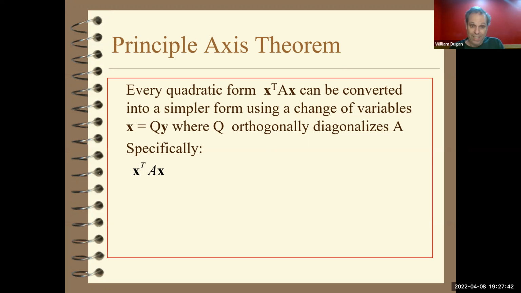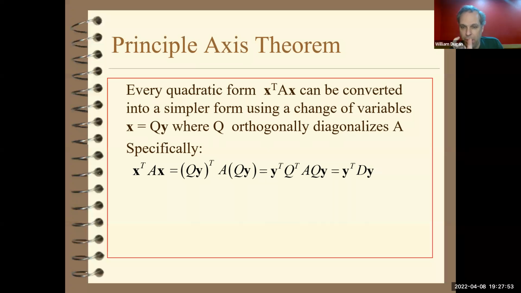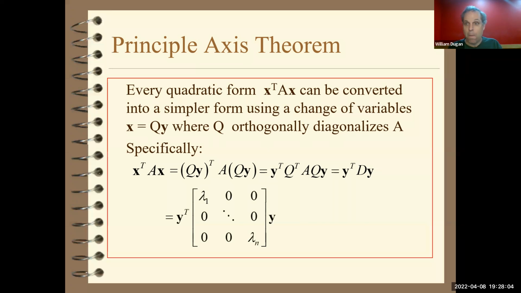But if you replace x with Q times y, you get that. If you simplify the transpose, you get this. But notice that you can reassociate. Q transpose times A times Q, that's the diagonal matrix. That's the matrix whose main diagonal is the eigenvalues.